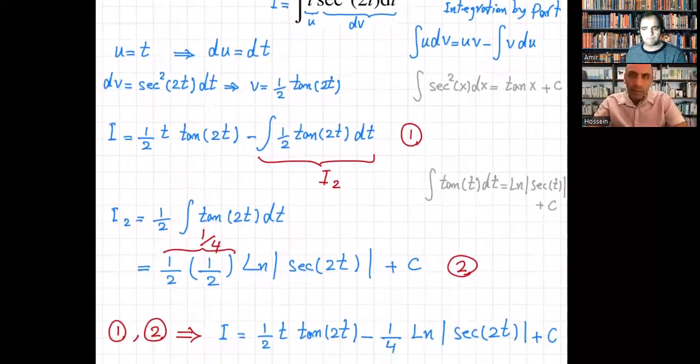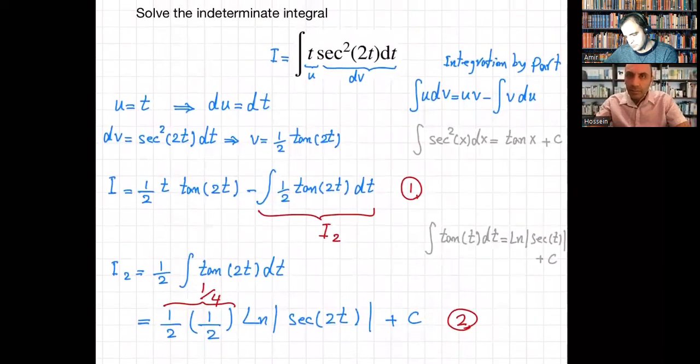So this is also another application of integration by parts. In this example, we had a polynomial function multiplied by a trigonometric function, so this is a good candidate to use integration by parts, and then you assume the polynomial function as u and take the derivative of that function.